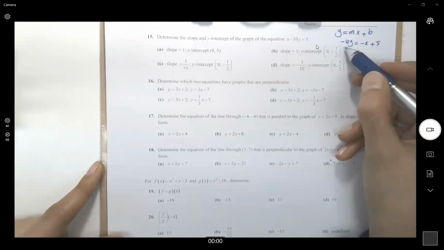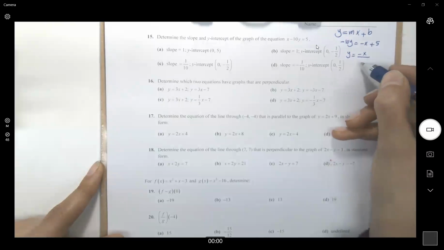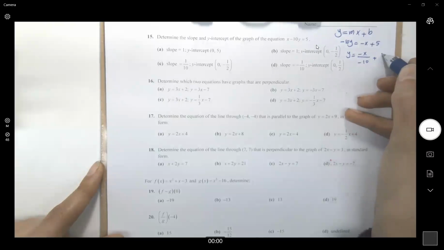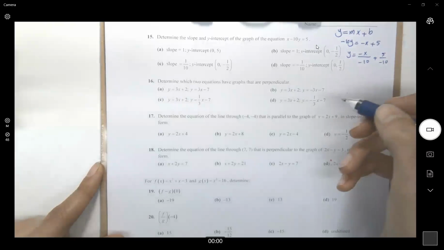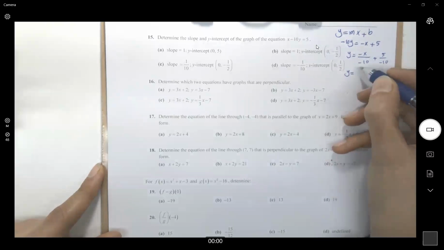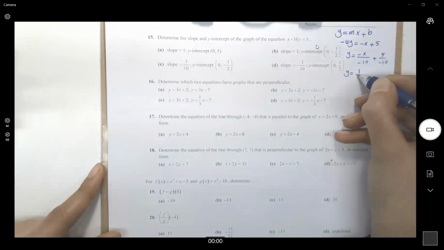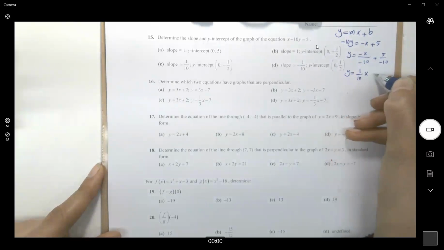Now divide by -10, you get y equals -x divided by -10 plus 5 divided by -10. So y becomes negative divided by negative gives you positive 1/10 x. Here you have a negative number because you only have one negative sign.